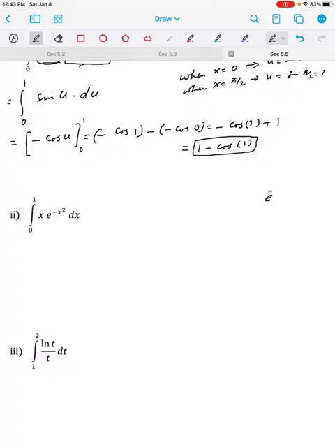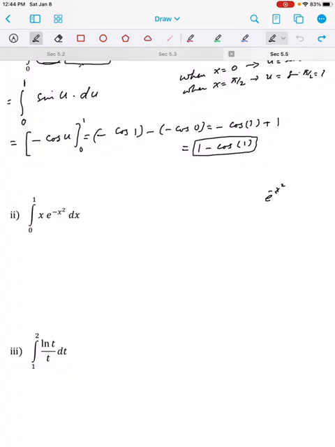If you notice here, e to the minus x square is a composition of functions, and the inside function is the minus x square, and the derivative of minus x square will be minus 2x. Now we only have an x, and that is what is important. If the proper variable is present, we are okay. If the number is not present, that's fine, because numbers are easy to handle.